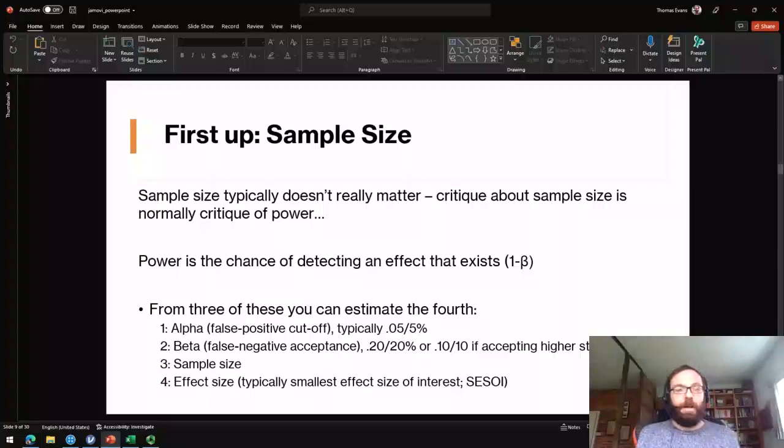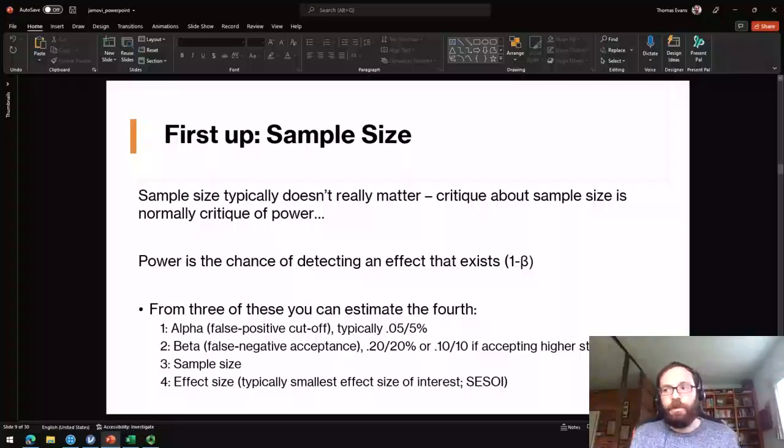So typically we try and aim for 80% power. These days, we're encouraging researchers and journals to push standards a bit higher and go for 90% power. So it's 0.1.